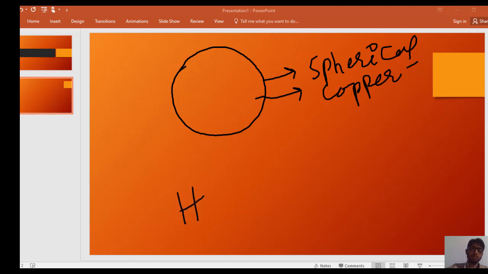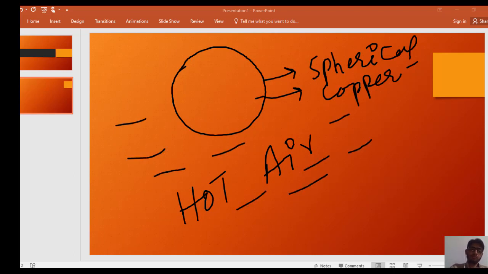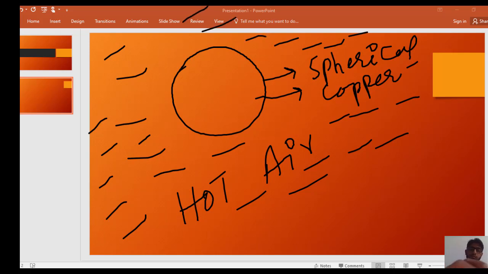Suppose it's hot air. The copper material is placed in the hot air.